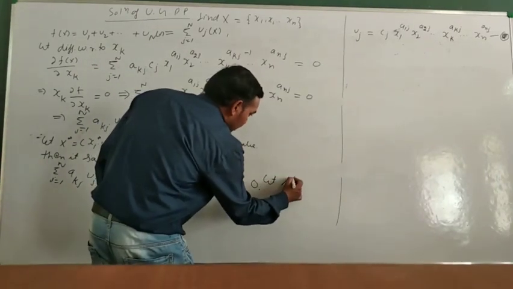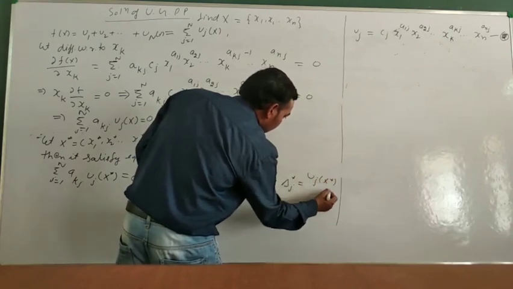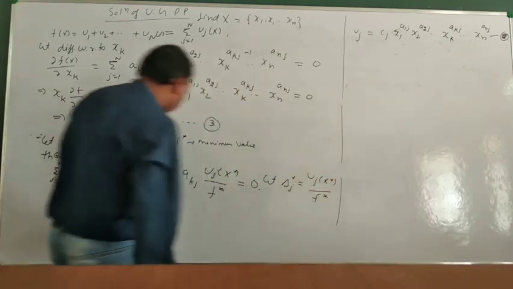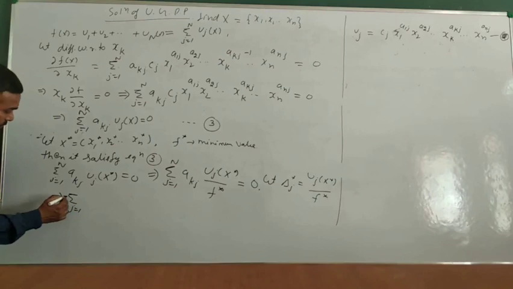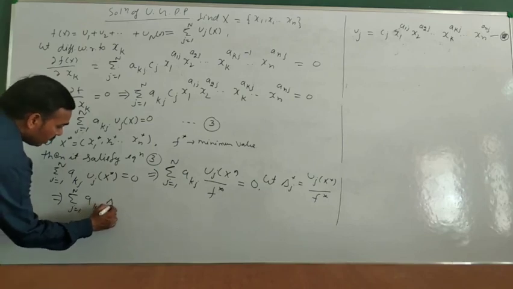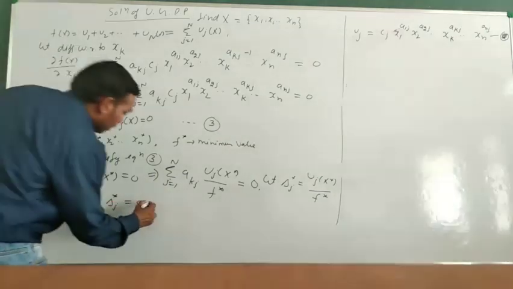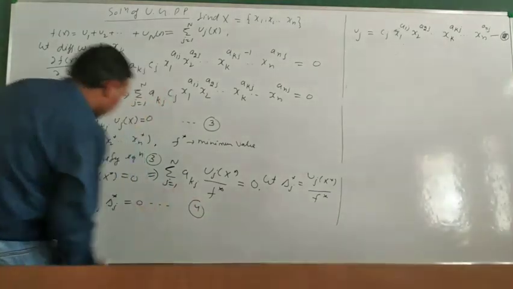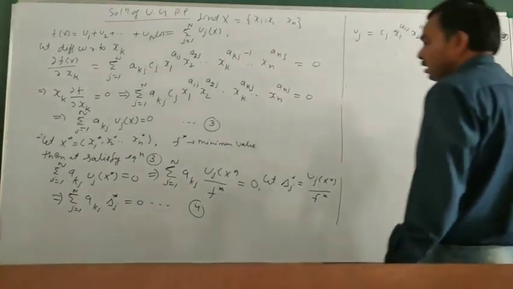Let delta j star equal to uj x star upon f star. So we can write the summation j equal to 1 to n, a kj delta j star equal to 0, and this is equation 4. We also use it in the next step.